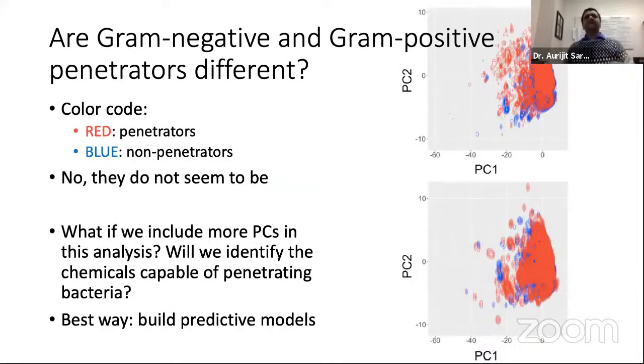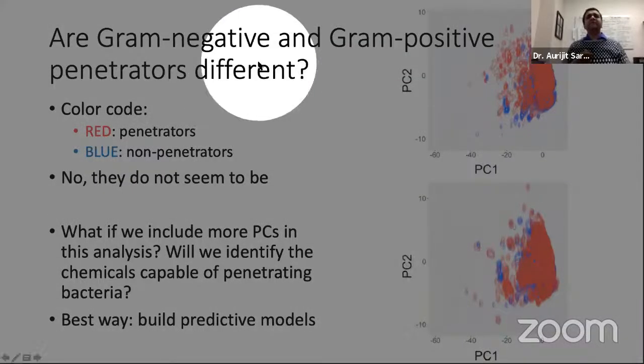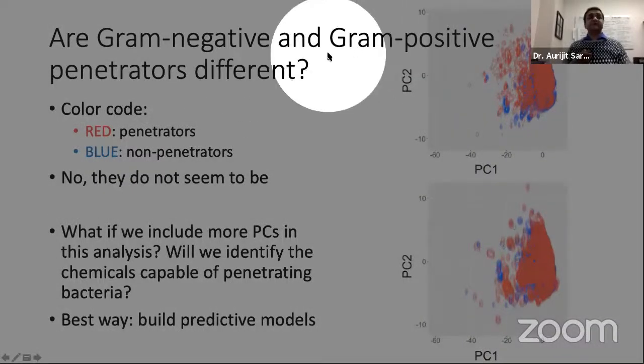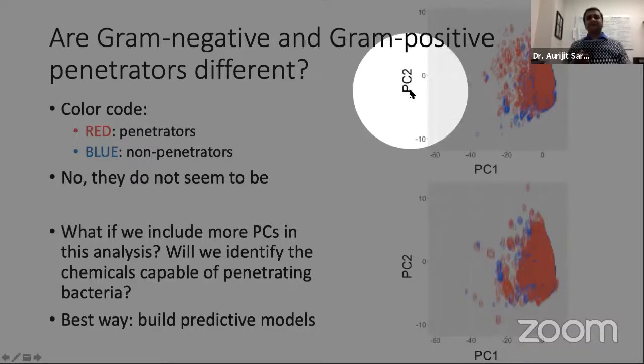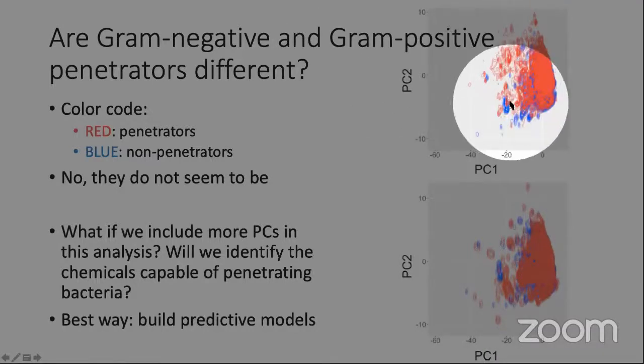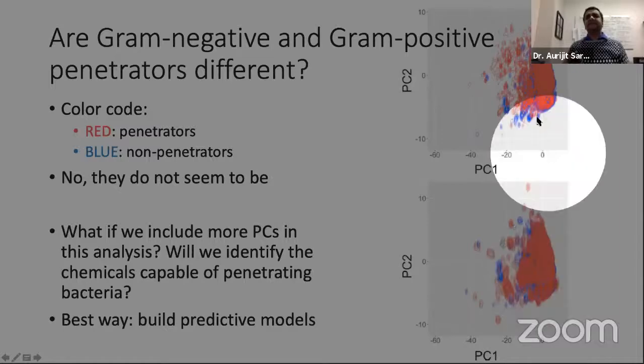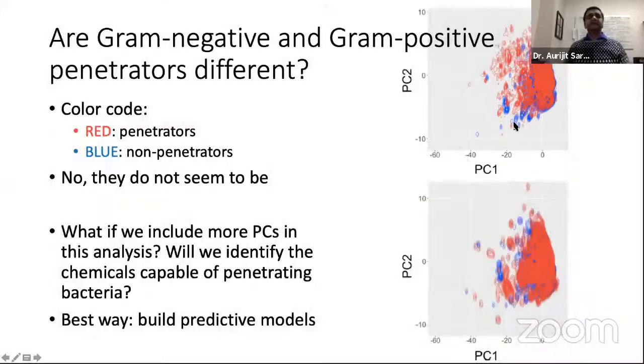We looked at it further. For example, we tried to see if gram-negative and gram-positive penetrators might be different. And it seemed like, no, there is not really a significant difference between chemicals that penetrate either type of bacteria.